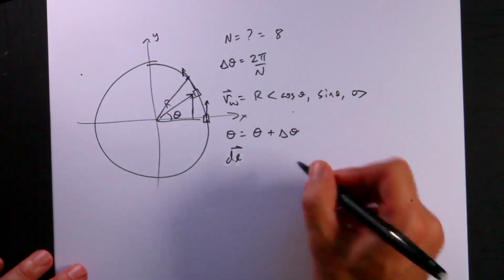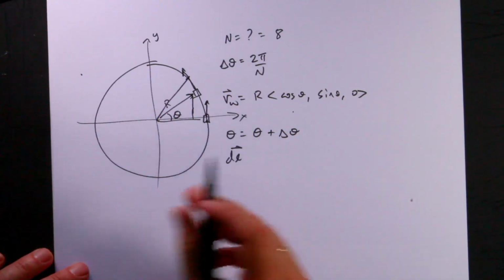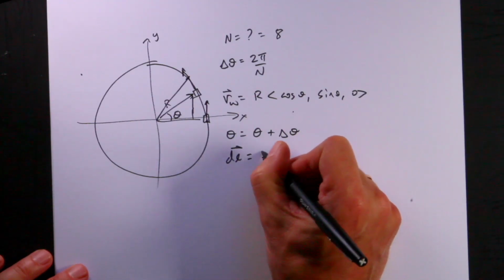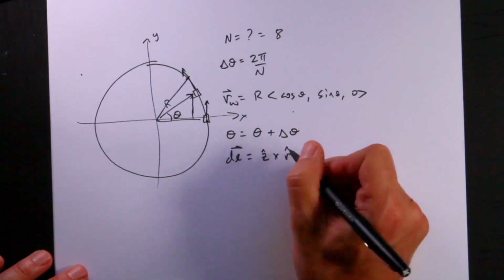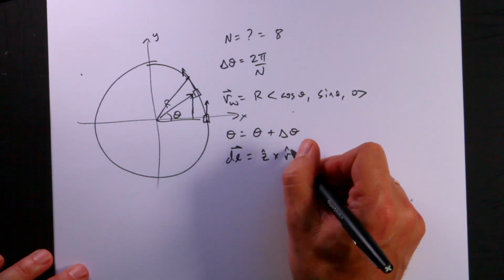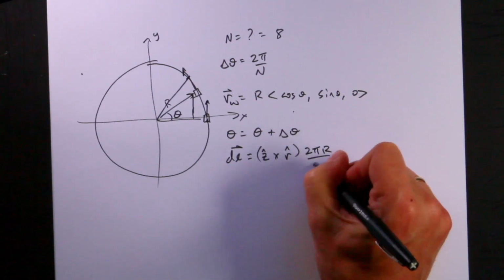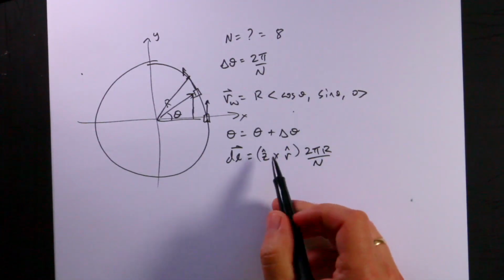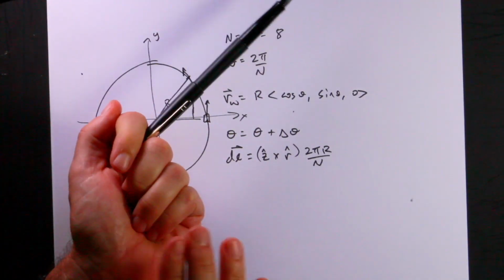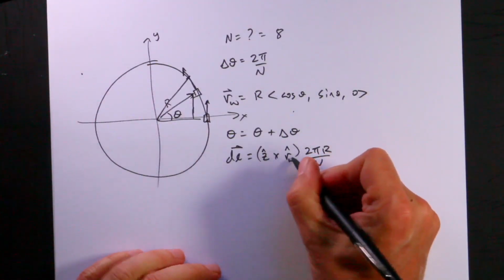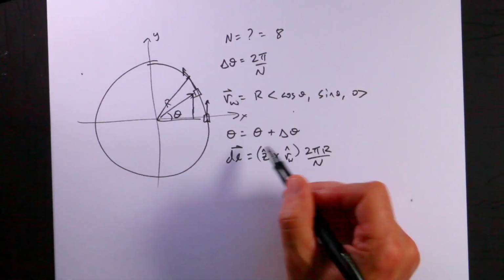Let's just do dL equals Z hat cross R wire hat, times 2 pi R divided by N. With Z hat and R hat, Z hat cross R hat, by the right-hand rule, points in that direction, so that gives me the right direction.